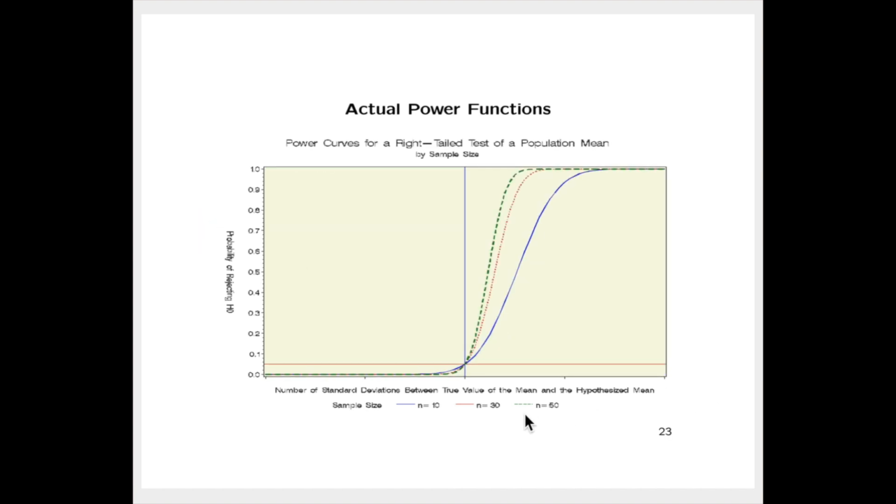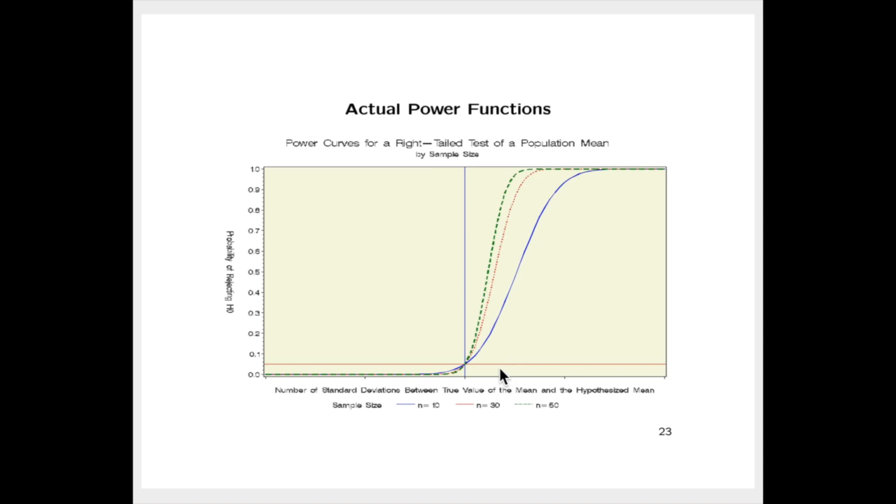And then finally, here are the power curves for a right-tailed test. Values of mu at mu naught or to the left is where the null hypothesis is true. Values of mu to the right of that point are where the alternative would be true. We can see that as mu gets further and further away from mu naught in the alternative hypothesis space, the power goes up and up, and asymptotically approaches 1.